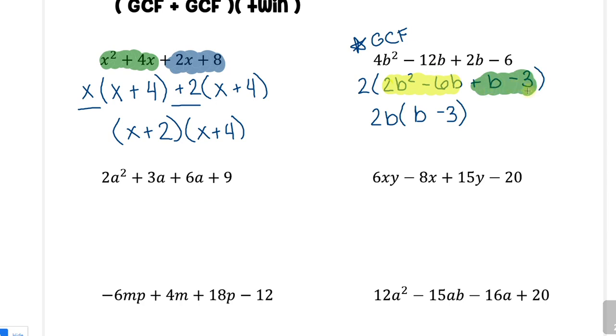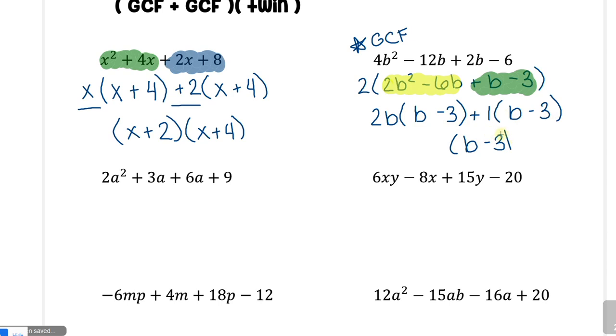b minus 3. Here, we do not have a greatest common factor, but we technically do, because 1 can divide into anything, or divide out of anything. So if we take out a 1, it's going to be a positive 1, we still are left with b minus 3. And our 2 parentheses are the same, so they are twins, so we can rewrite it.